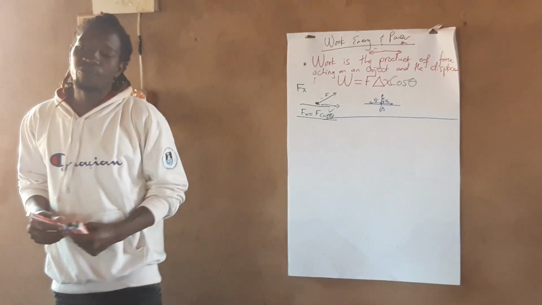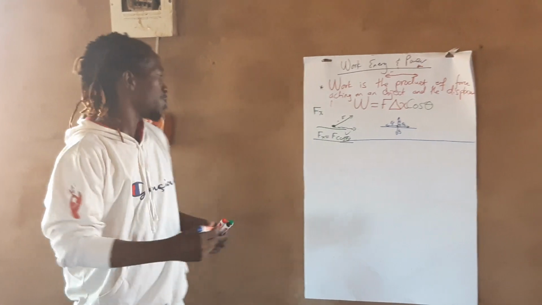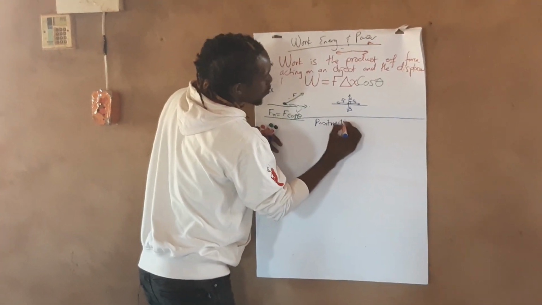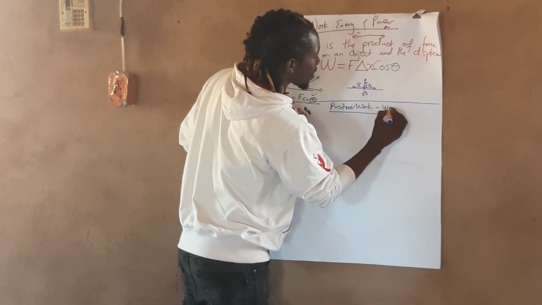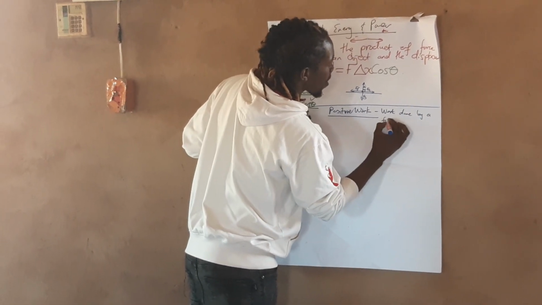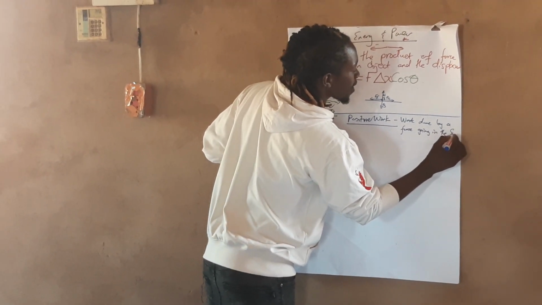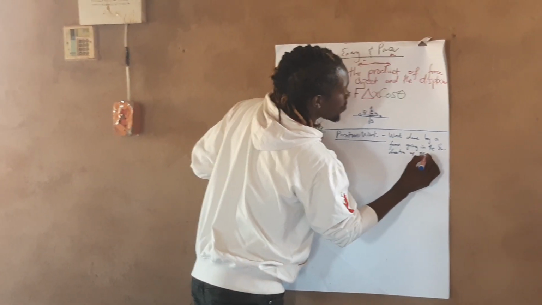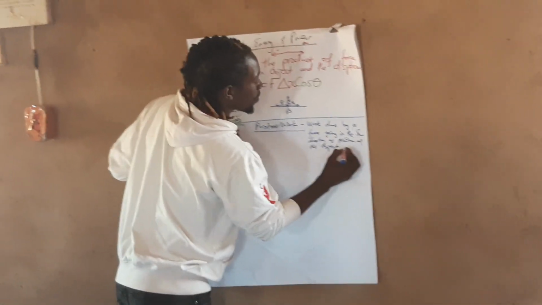So with work, we have positive work, we have negative work, we have zero work. So we have positive work. So what is positive work? Positive work is the work done by a force going in the same direction as the motion of the object.